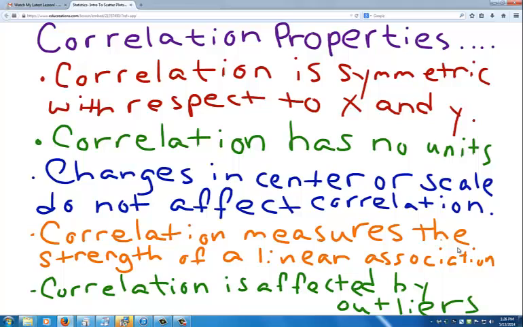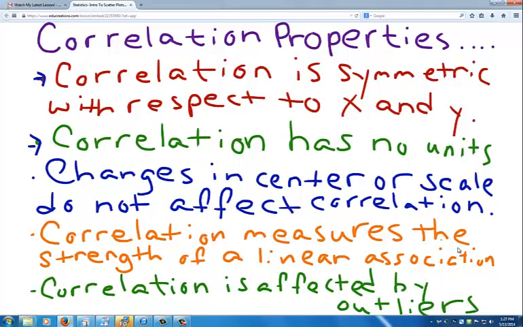Correlation is symmetric with respect to x and y. In other words, the correlation of x with y is the same as the correlation of y with x. Also, correlation has no units.